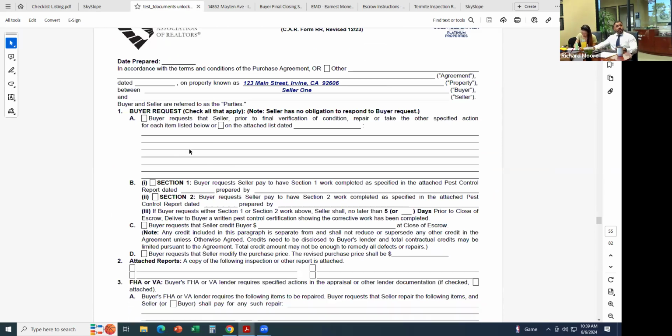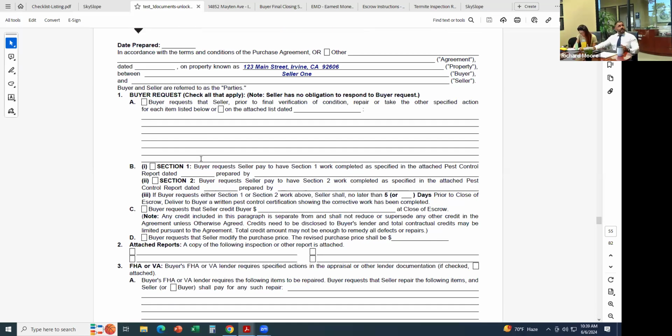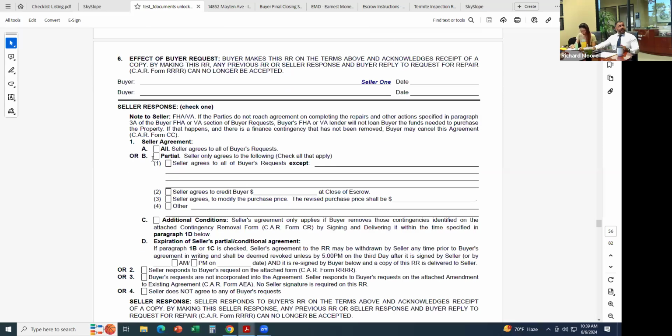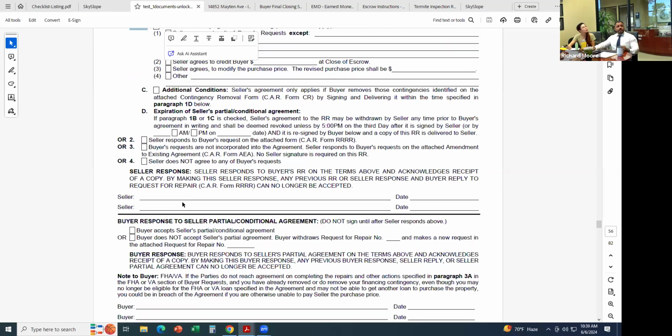So if the buyer's gonna request that the seller repair certain items, or they can ask for a credit in lieu of repairing those items, they would fill this out, and then they would sign here. And then the seller can either accept it, right here on 1A, and then they sign it, and then all you need is a request for repairs. They ask for it, seller's accepted it, they're gonna do it, fine, that's all you need.